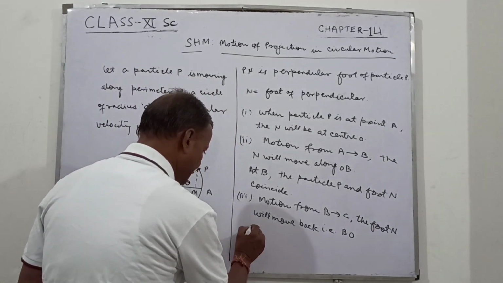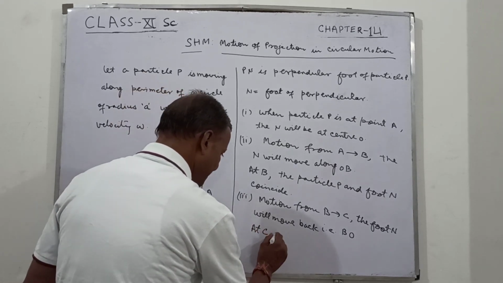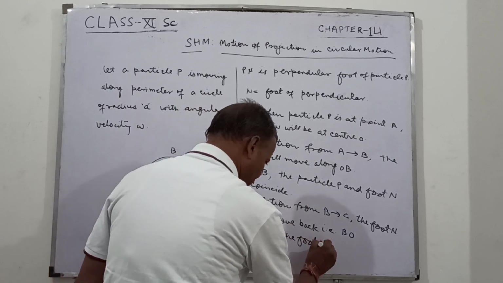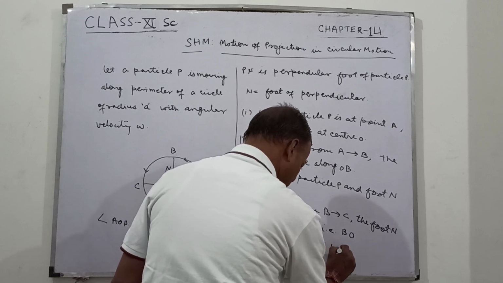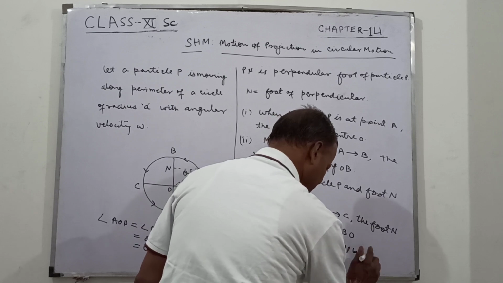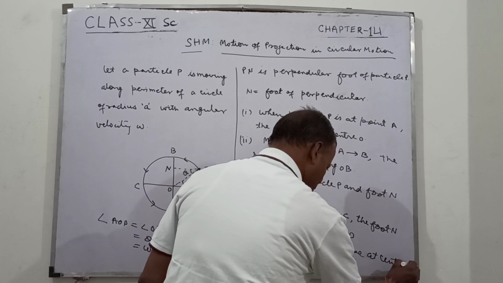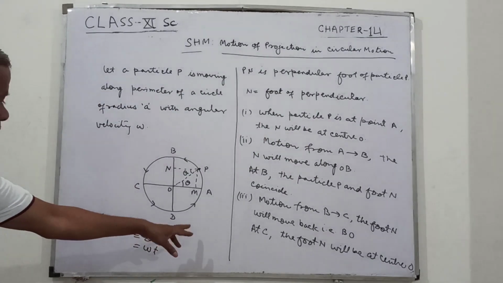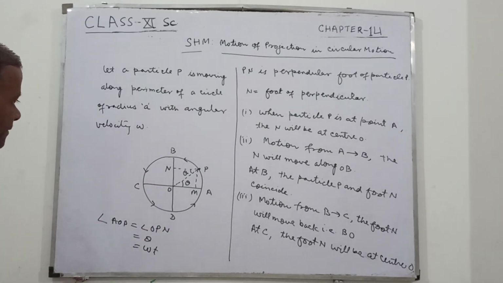So at C, N will be at center O. This is from B to C, then C to D.